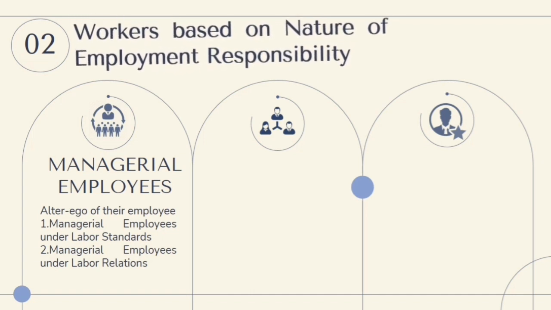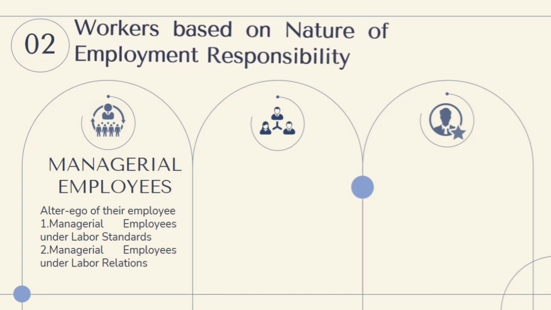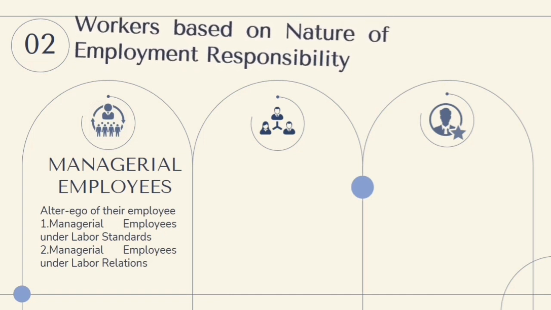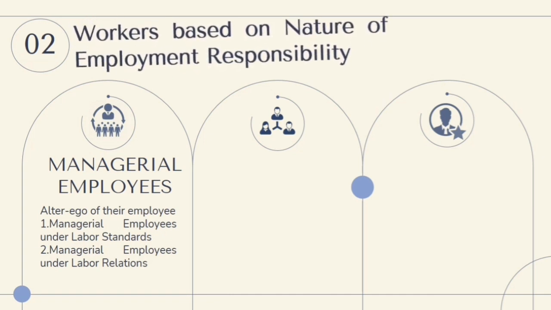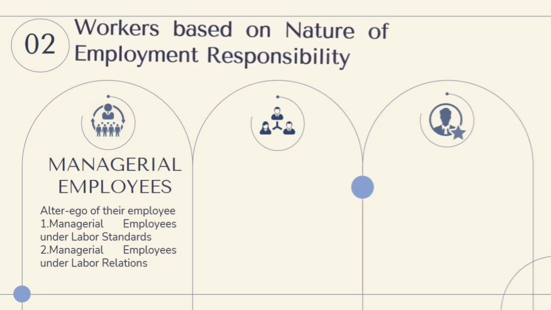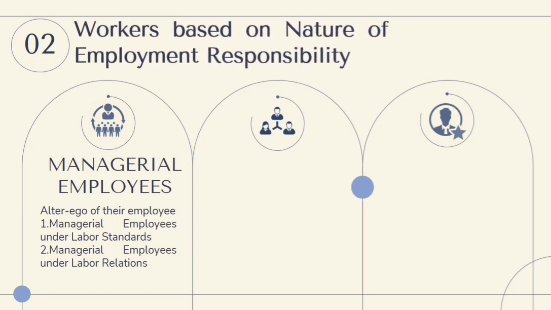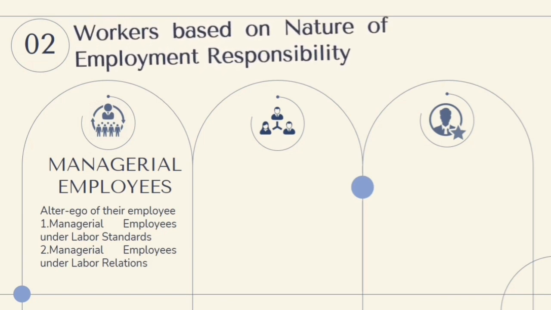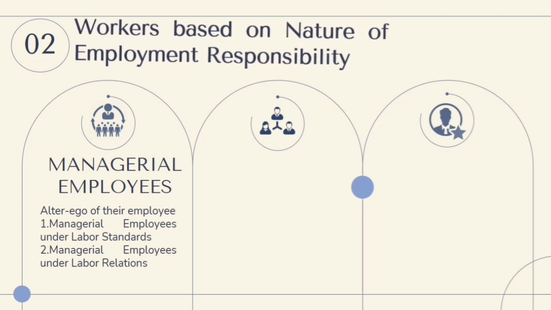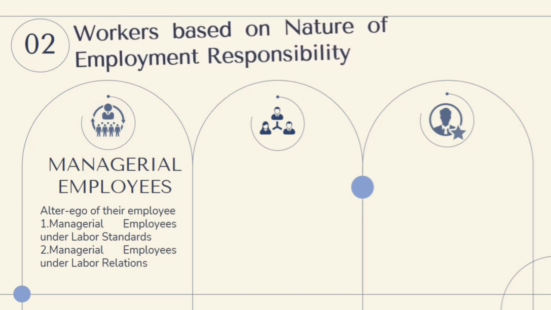So in addition, class, managerial employees are those employees of the organization who, by virtue of their employment, are entrusted with managerial functions in the organization. These managerial functions are those that involve planning, policy making, strategizing, leading, and controlling.